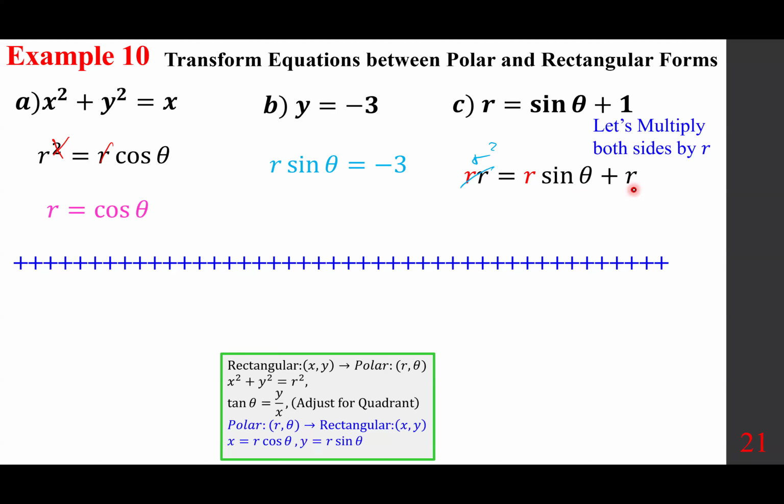What about R? We replace it with the square root of x squared plus y squared. So again, R squared, x squared plus y squared. R sine theta, y. R is the same as this one under the square root. So pretty straightforward, everybody.